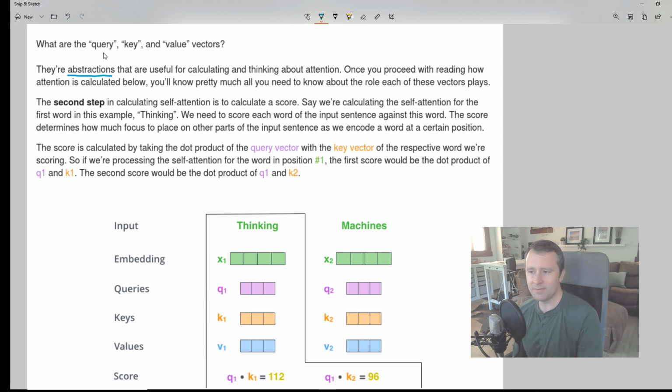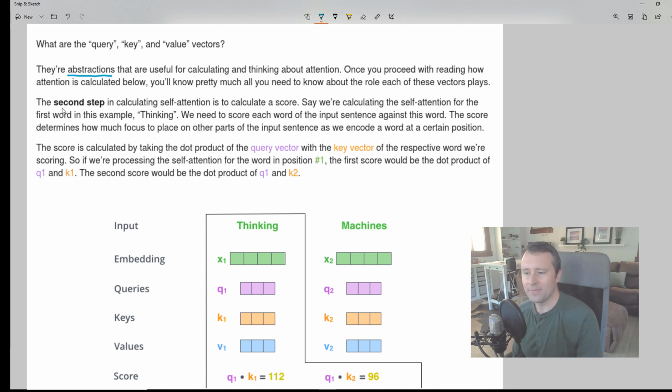But we give the vectors these labels to keep track of what's what and help us think about what they're doing a little bit. So once you proceed with reading how attention is calculated below, you'll know pretty much all you need to know about the role each of these vectors plays. So he's just saying that once we see the math, that's kind of all there is to know.